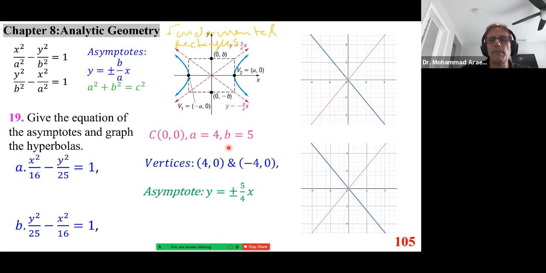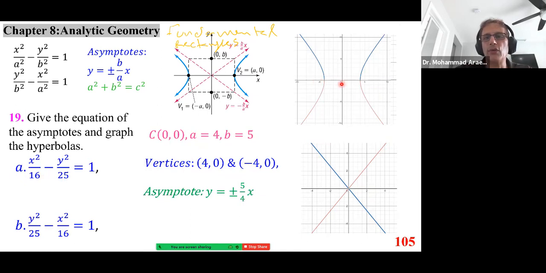So far, they have the same center, the same a, the same b, the same asymptotes. In this case, we have those vertices, and it opens sideways.